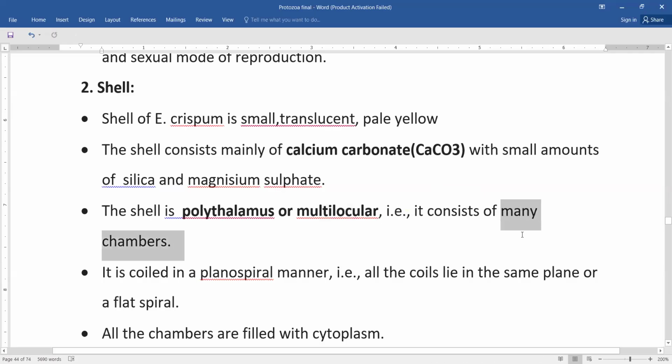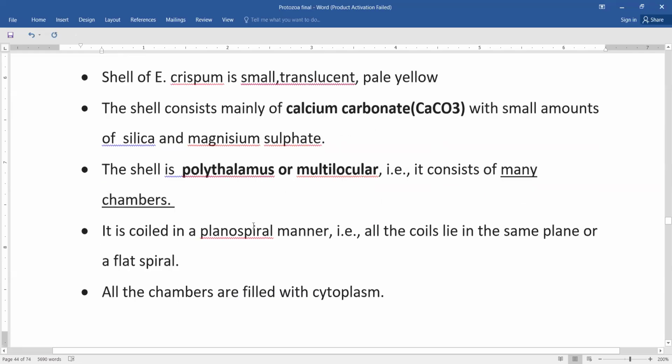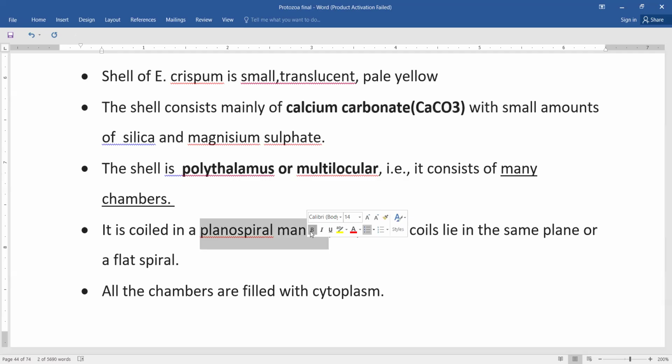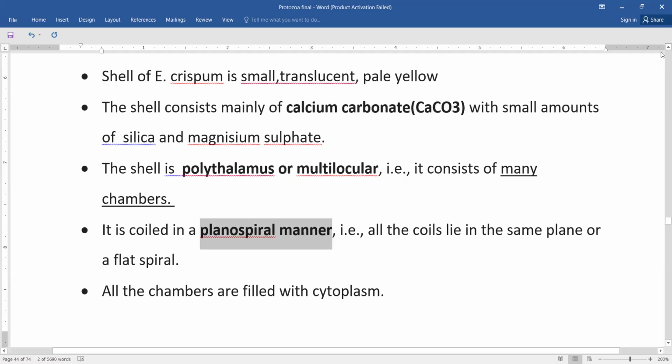As it contains many chambers, the shell is called polythalamous. And you should remember, just now we have seen the lateral view.